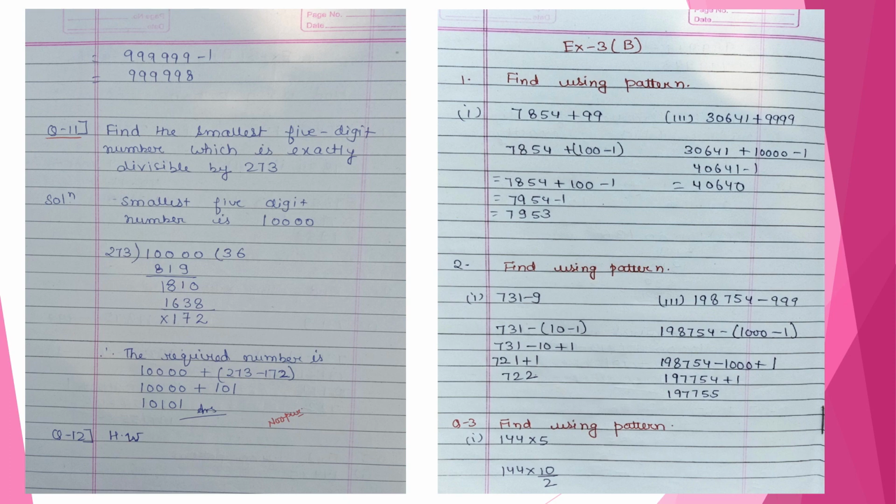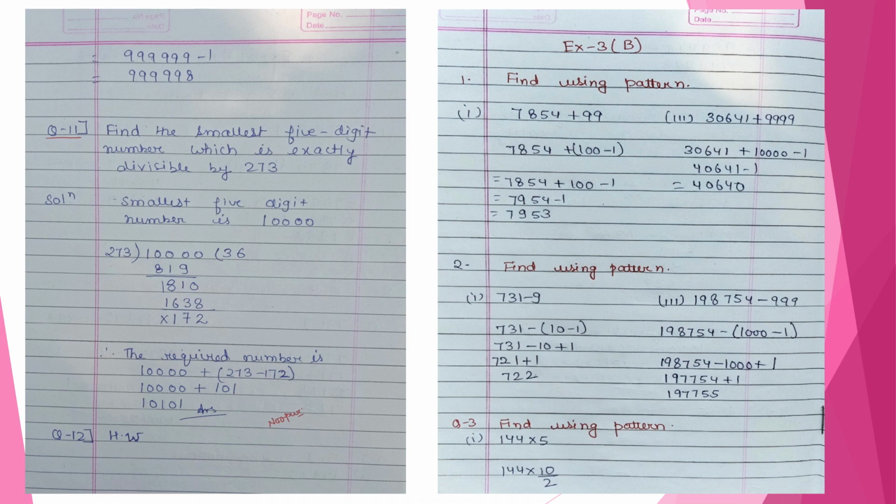So 7,854 plus 100 minus 1. So 100 will be added to 7,854. We will get it to be 7,954. Then minus 1. So the required answer is 7,953.